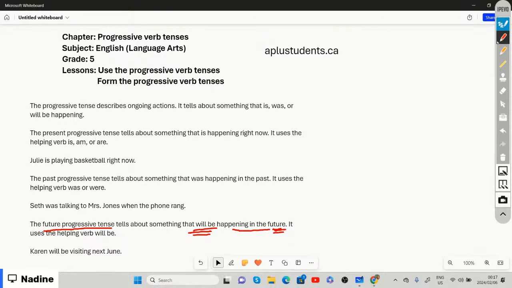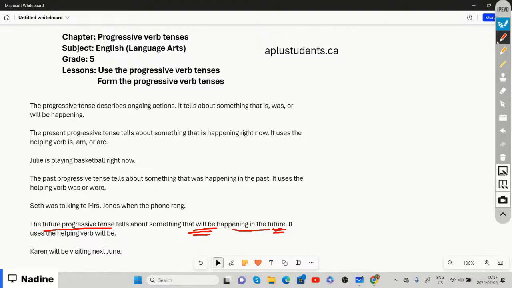The future can be tomorrow, can be later tonight, it can be next week, can be next month, it can be next year, right? But the future, it hasn't happened yet. It will be happening. So the future progressive tense, it tells us about something that will be happening in the future.